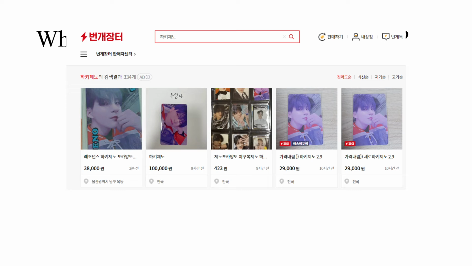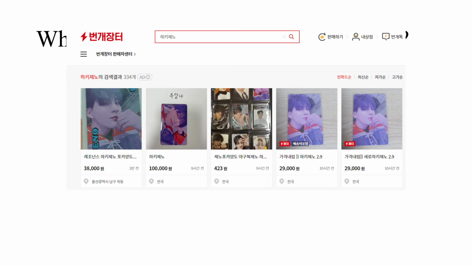For example, this card right here is one of the most expensive cards, and people would call for really high prices, but people would still buy these photo cards even though the prices are really high.